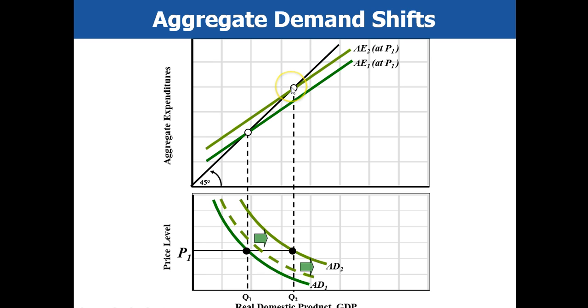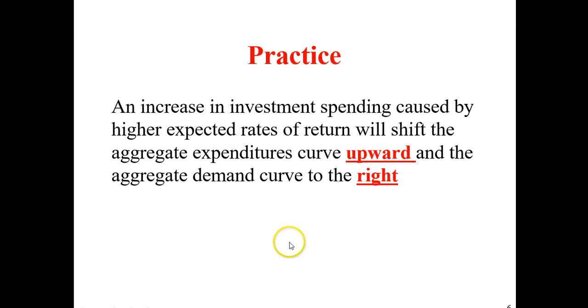And so the new equilibrium point then is here at this point, which corresponds to a new aggregate demand curve. So the answer to the practice then is that an increase in investment spending causes the aggregate expenditures curve to shift upward like we just saw, and that shifts the aggregate demand curve, because it corresponds to that, to the right.